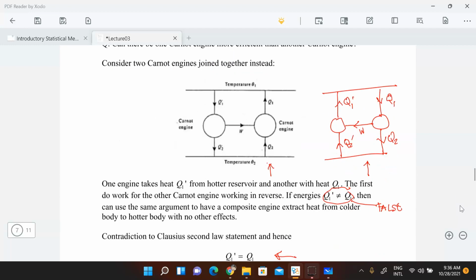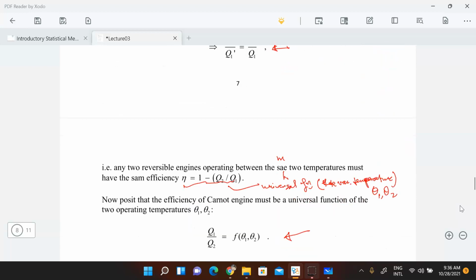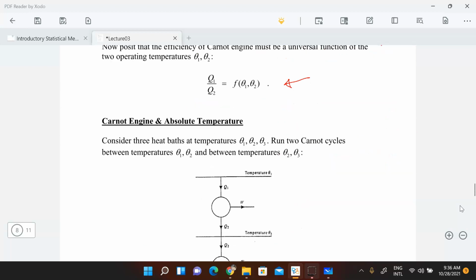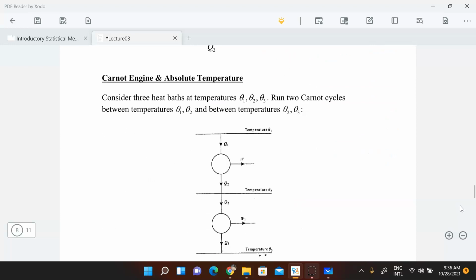Where is it? Okay, so we have done this. So the next thing to do is to define the absolute temperature. So what do we do? Now we run two Carnot cycles between three different temperatures. That means we have one between temperature theta1 and theta2, and then we join this with another Carnot cycle operating between theta2 and theta3.